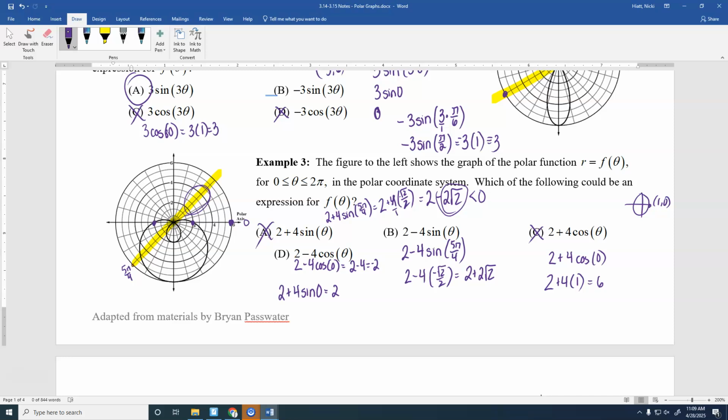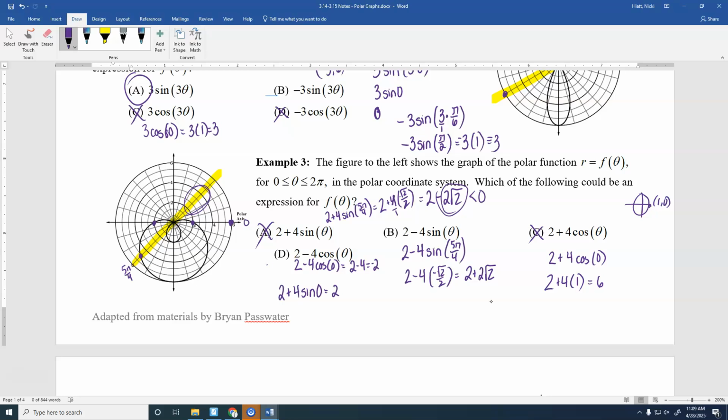Positive. Can you give me a whole number that you know it's going to be bigger than or smaller than or close to? Okay, it's going to be bigger than 4, right? Because 2 plus 2 would give us 4, and square root of 2 is bigger than 1. So this is a little more than 2 right here. So does it seem reasonable that it could be this point right here? Right, 4 would be right here, so it'd be a little past that. That seems reasonable. I'm going to keep that in the running.